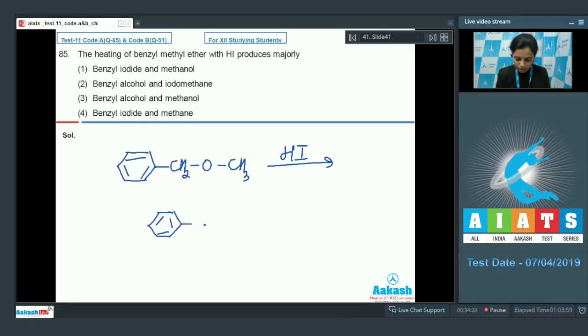One is benzyl iodide. Along with that, methanol would be formed. In this case, we have obtained two products. If you look at the given options, you will see that these two products, benzyl iodide and methanol, are given in option 1. So, this is your correct answer.